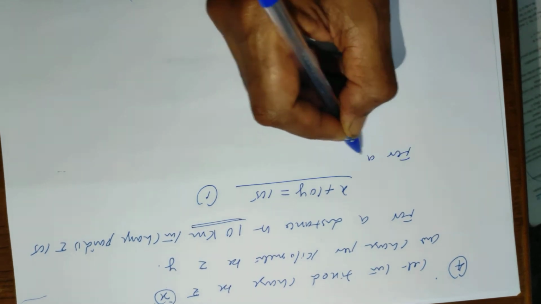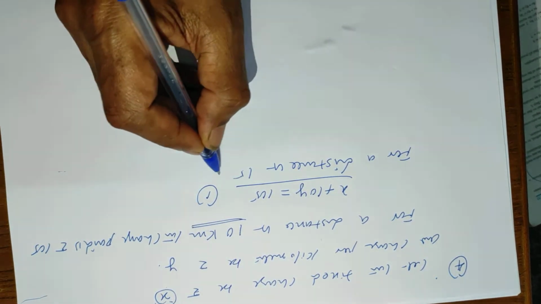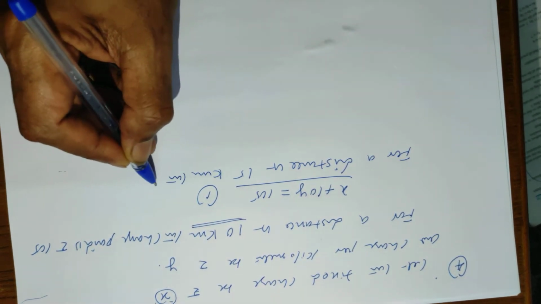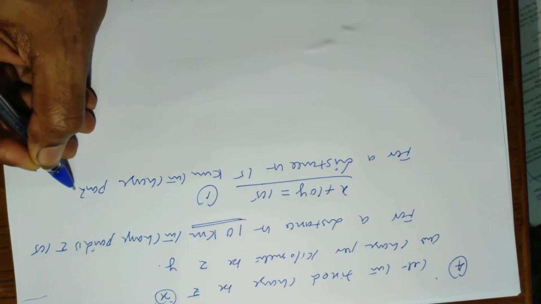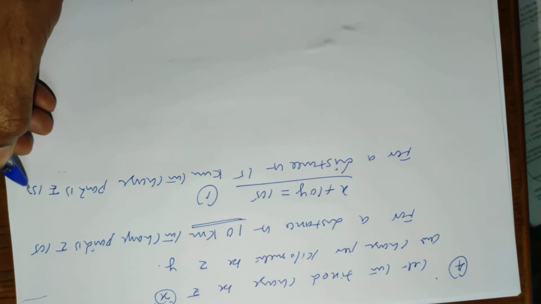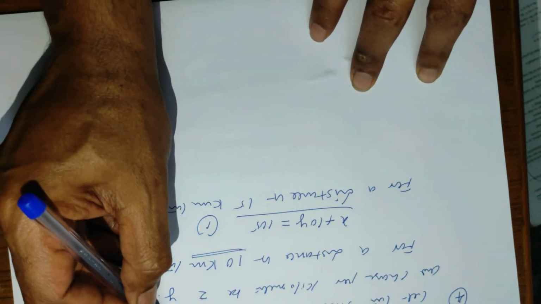For a distance of 15 kilometers, the charge paid is rupees 155. So how much does a person have to give?